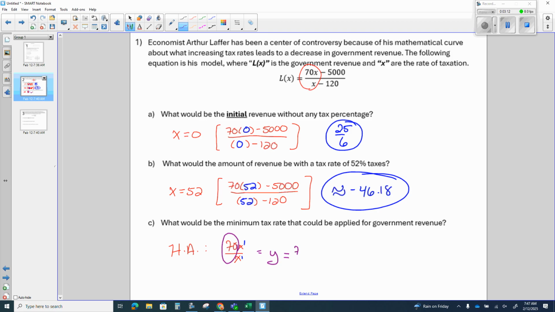So 70 over 1, which of course is 70. So you can say it was 70. These word problems really aren't meant to be complicated. They're just evaluations. You just need to know what they're asking you to do.